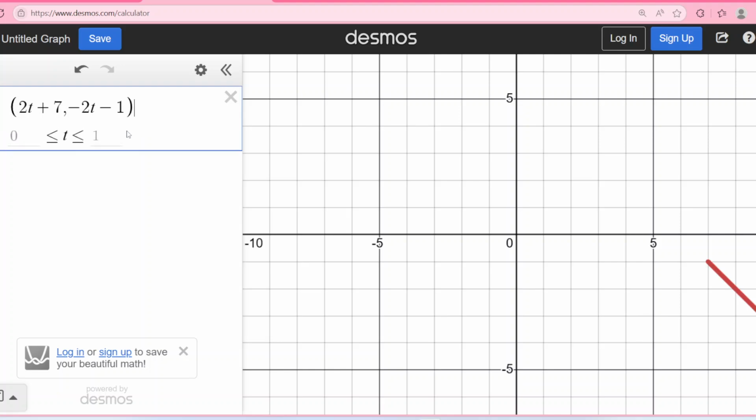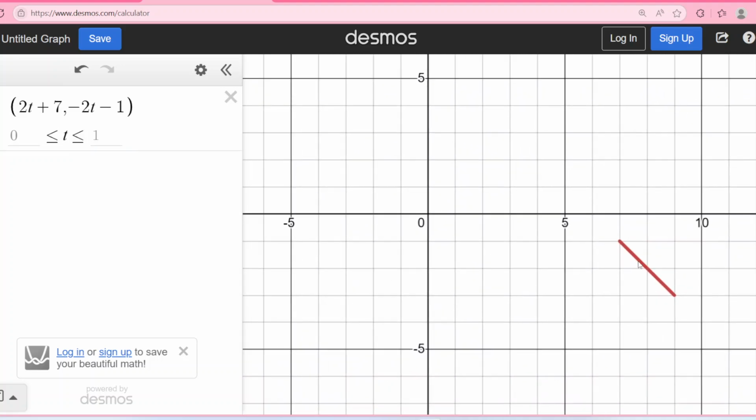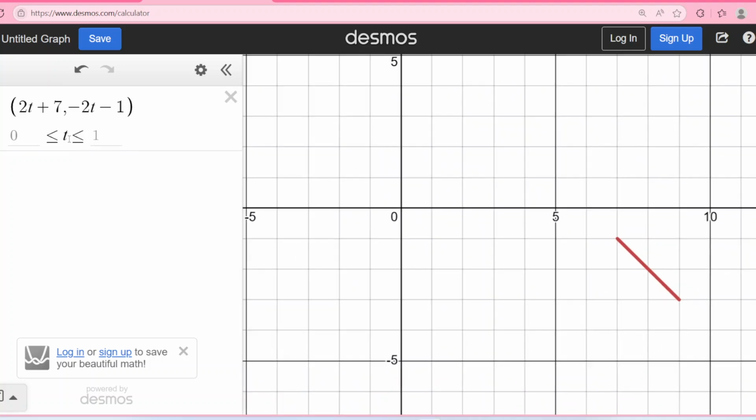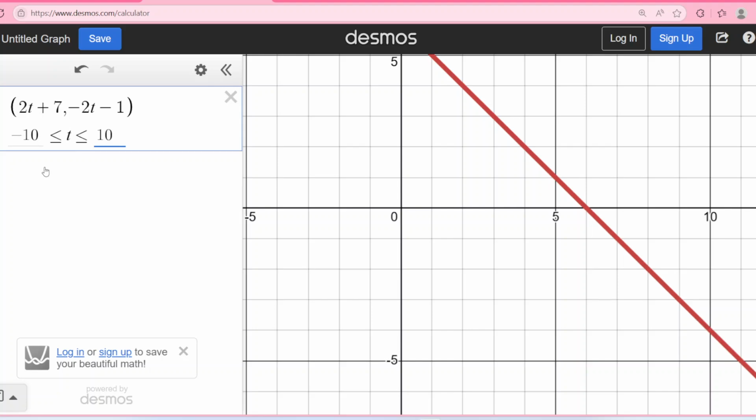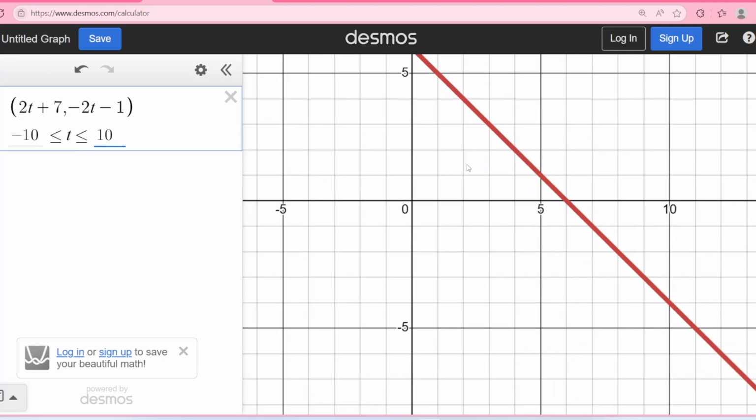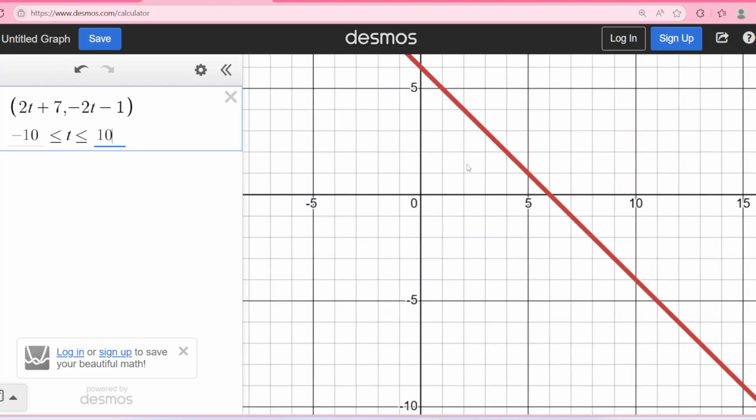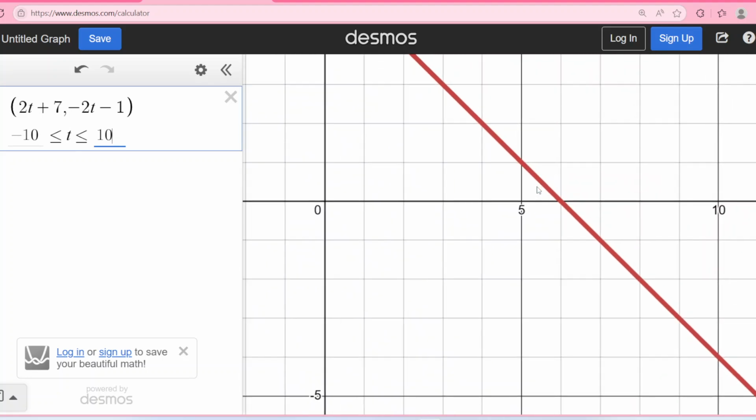And once you do that with the parameter t, it automatically has the range of t be from 0 to 1, so we're only seeing this set of points here. I can make this a little larger. We can go from, say, negative 10 to 10, just to get more of the curve traced out, and it's just a straight line. And I hope it's very clear that this straight line, no matter where you are, the slope of this line is negative 1.